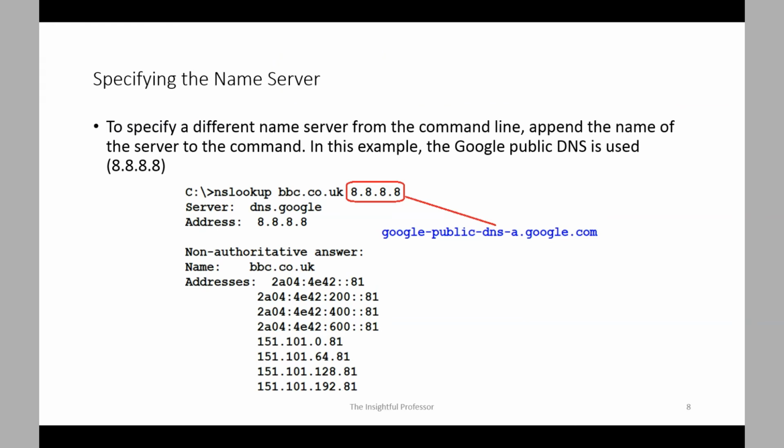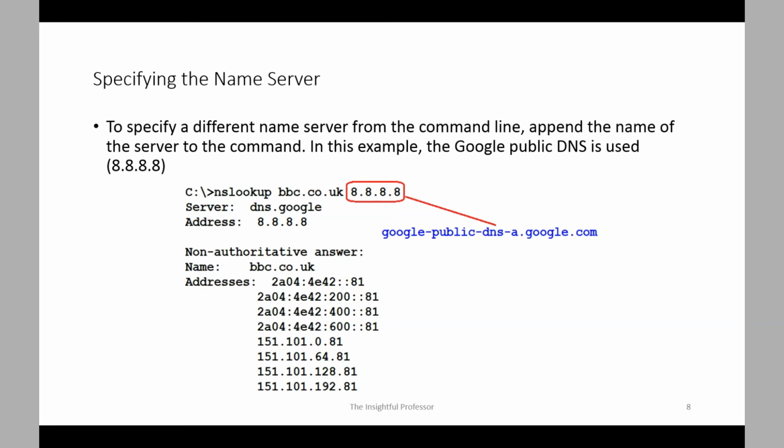It's also possible to use a name server other than our default. So this example is showing in a non-interactive mode how we can request a lookup for bbc.co.uk. And what we want to use is this server that has an address of 8.8.8.8.